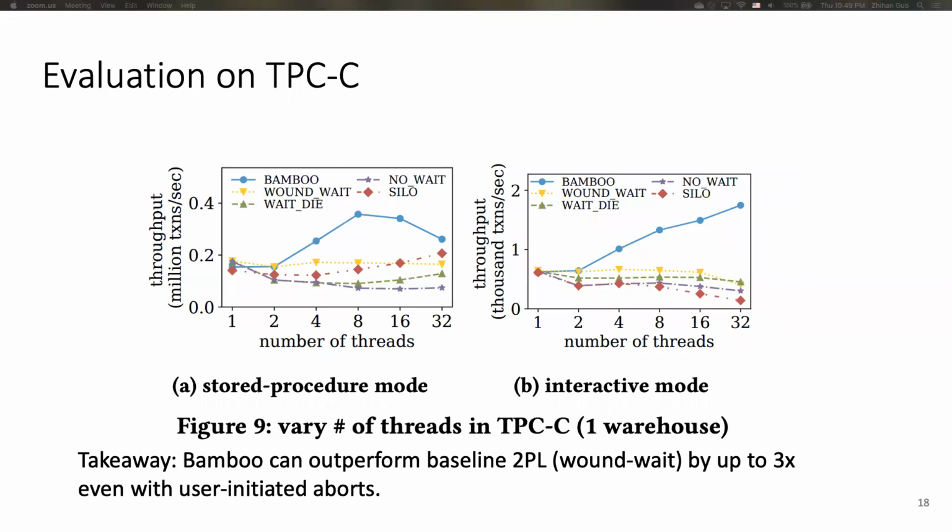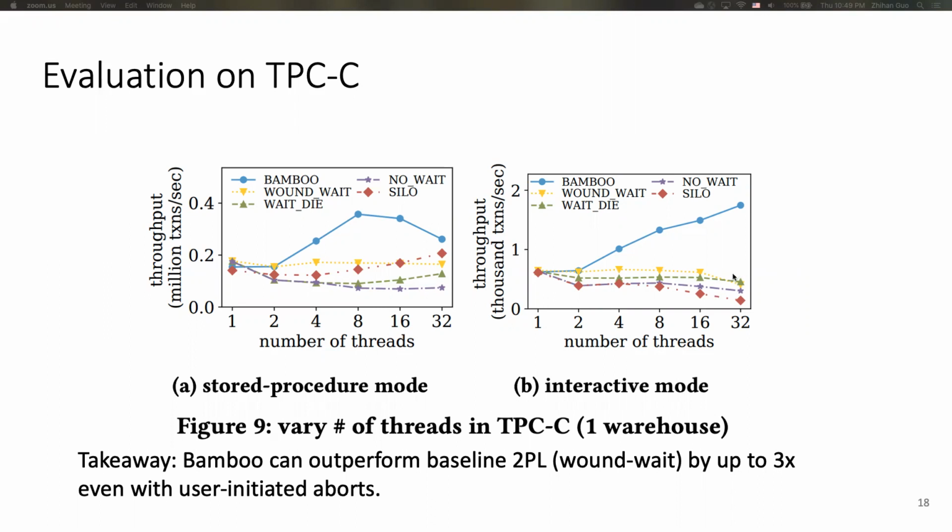Next, we evaluate Bamboo on a more realistic TPC-C workload. Here we run the experiment in 2 setups. In the stored procedure mode, benchmark transactions are compiled with the database and everything is running locally on a single machine. And in the interactive mode, we have 2 servers.